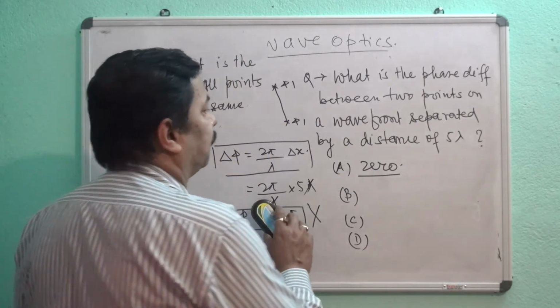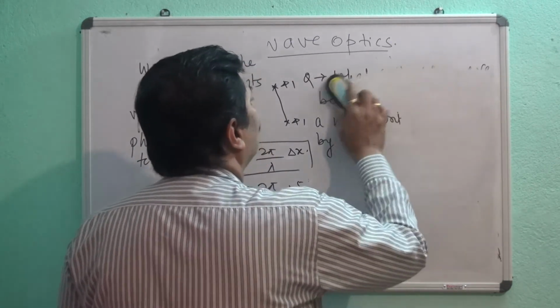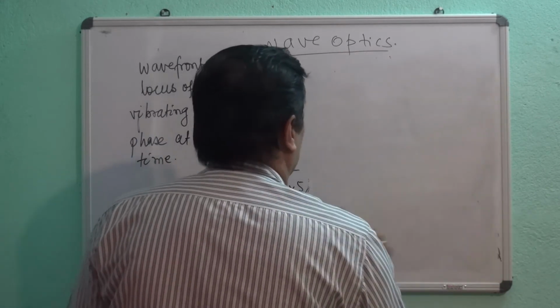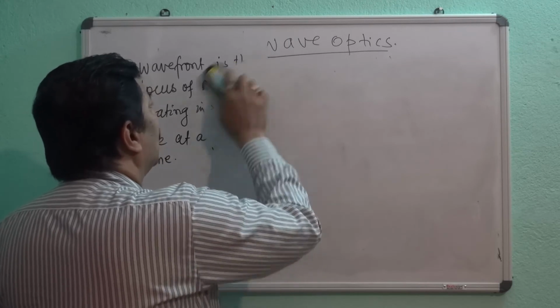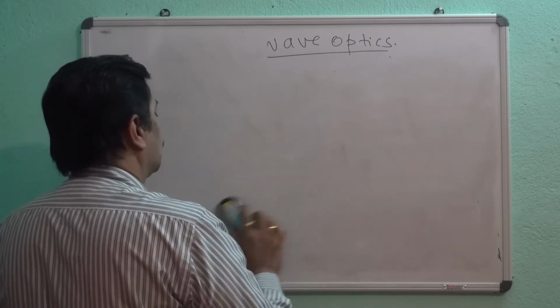This should be clearly kept in your mind. Now after this, I would like to tell you about the types of wavefront. According to the shape, the wavefront is divided into different groups.